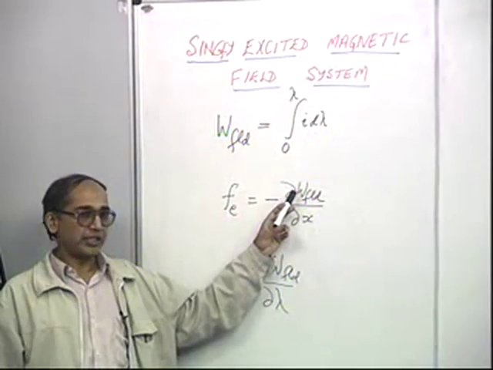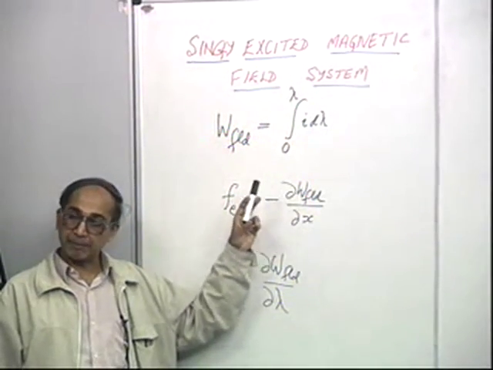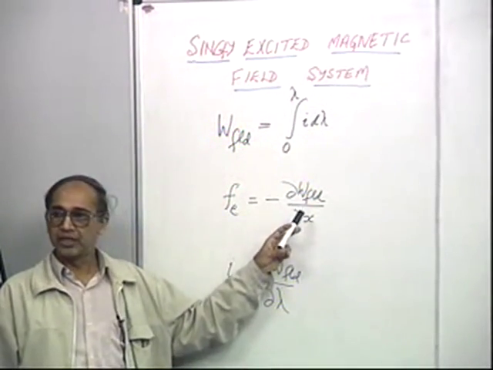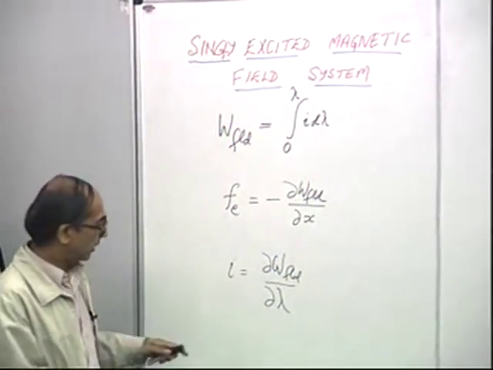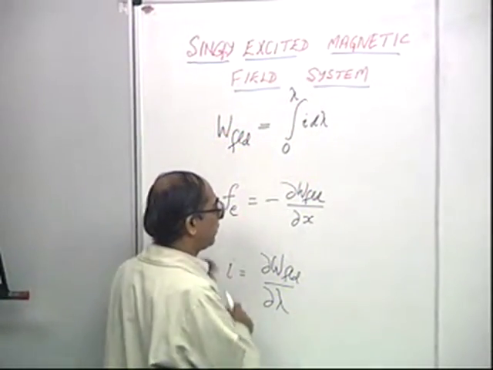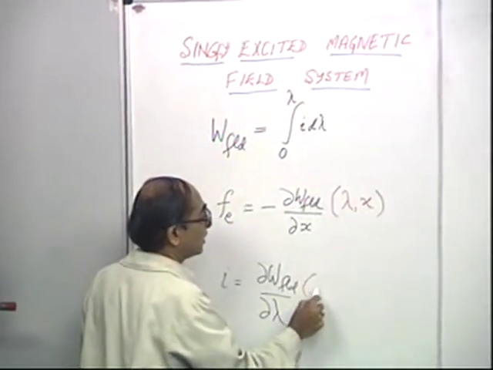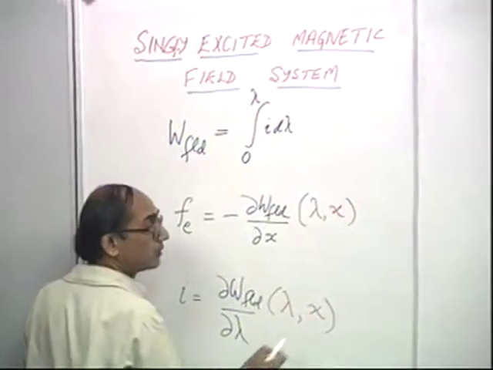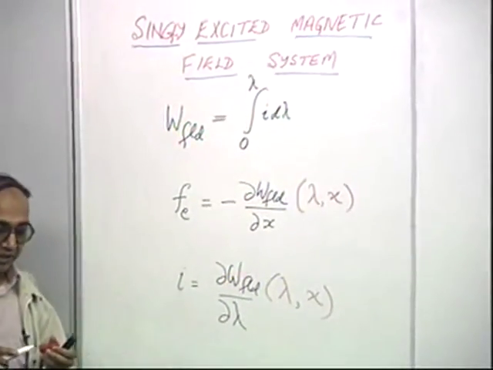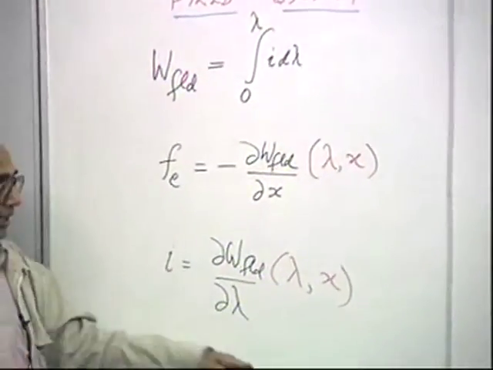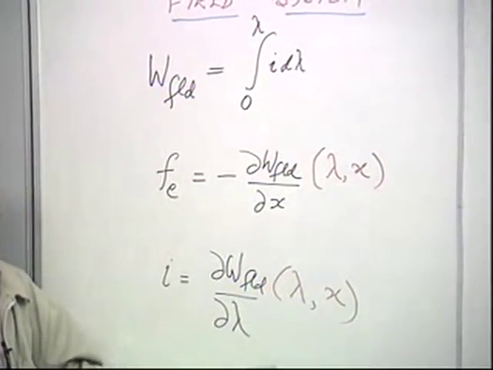Now this stored energy is represented in terms of lambda and x, isn't it? This is important, it should be in terms of lambda and x, only then can you take the partial derivative.